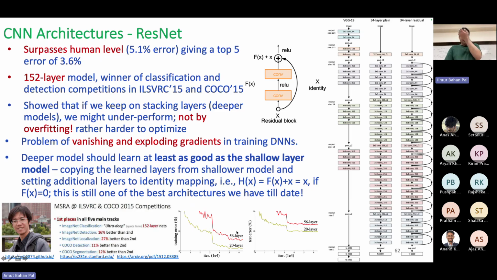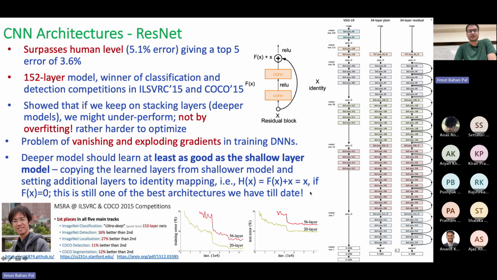It is not overfitting; it is actually a problem of vanishing and exploding gradients. So what they did was take a layer and add it with the next layer. A deeper model should learn at least as well as the shallow one, by copying the learned features from the shallow model and setting the additional layers to identity mapping.